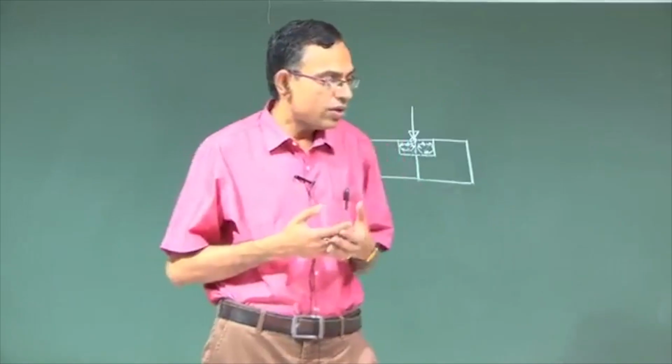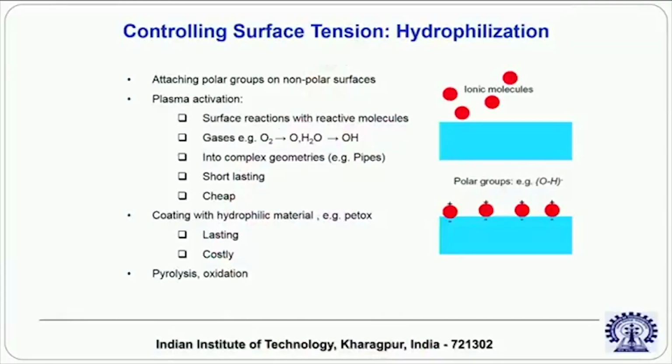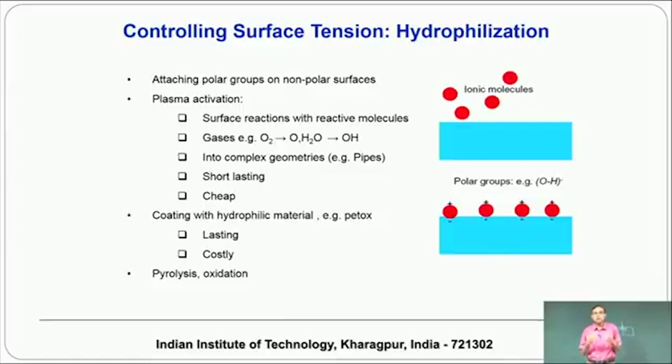If the hydrophilic characteristic is supposed to be temporary, then this is what you can do. You can do oxygen plasma activation. Here what you do is that you arrange for surface reactions with reactive molecules.